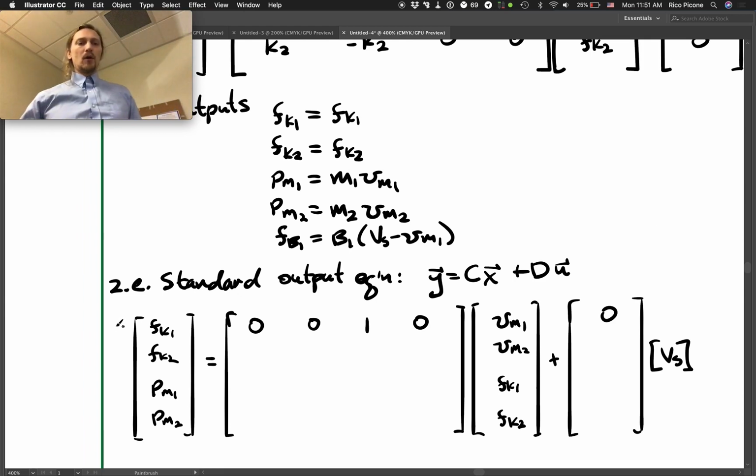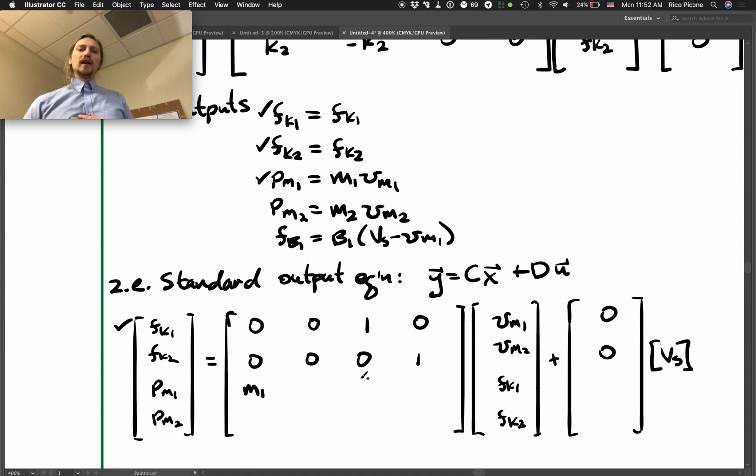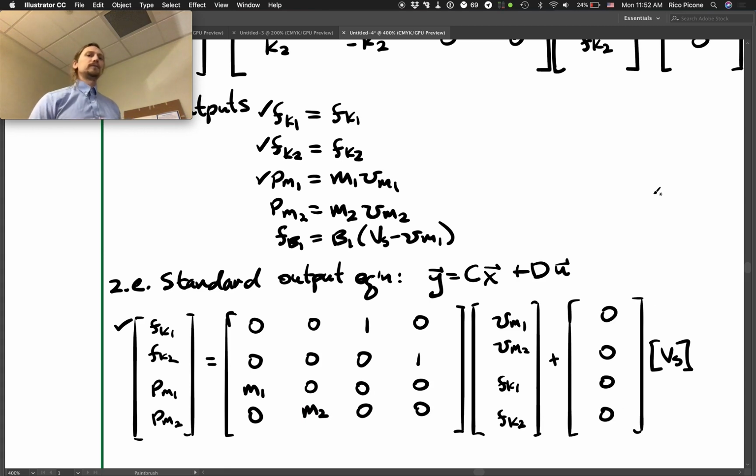So that first row was just writing this equation. Now the Fk2 equation, Fk2 equals 0 Vm1, 0 Vm2, 0 Fk1, 1 Fk2, 0 Vs. The momentum, Pm1, we have m1 times Vm1, plus 0 Vm2 plus 0 Fk1 plus 0 Fk2 plus 0 Vs. And finally, we have Pm2, which is 0 Vm1, m2 Vm2, 0 Fk1, 0 Fk2, and 0 Vs. That was our last equation.